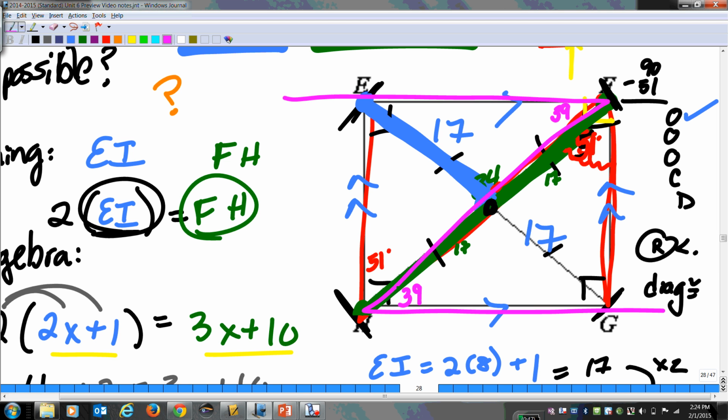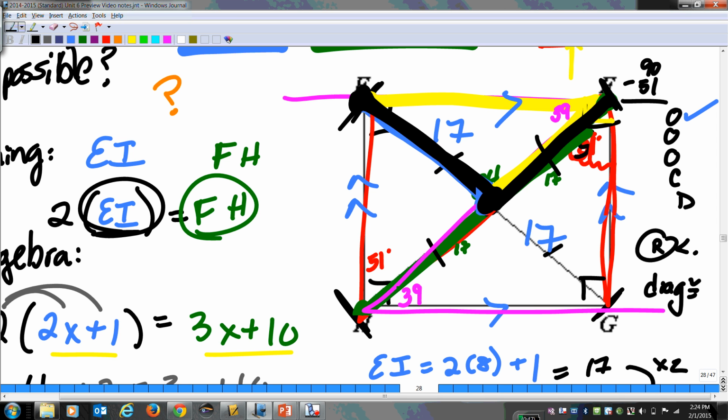Now let's focus on this triangle. Trace it with me, please. E, I, F, that triangle right there. Now I'd like you to trace E to I. Now trace F to I. Do it again.